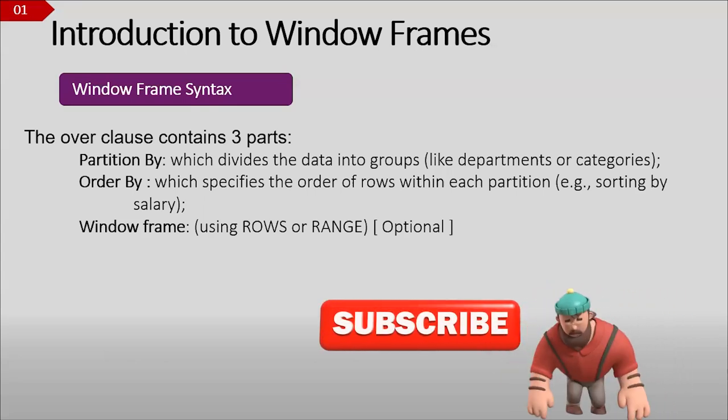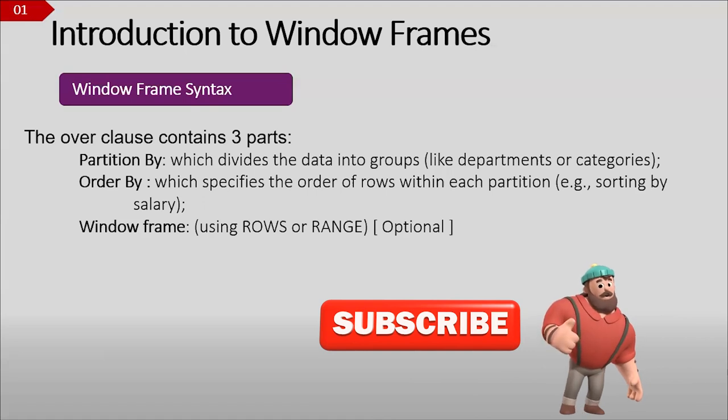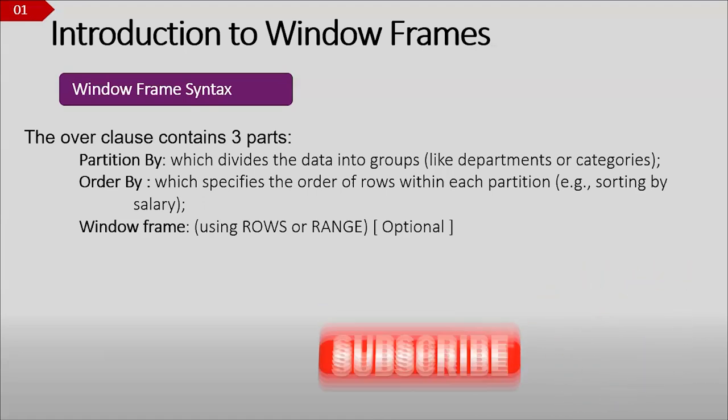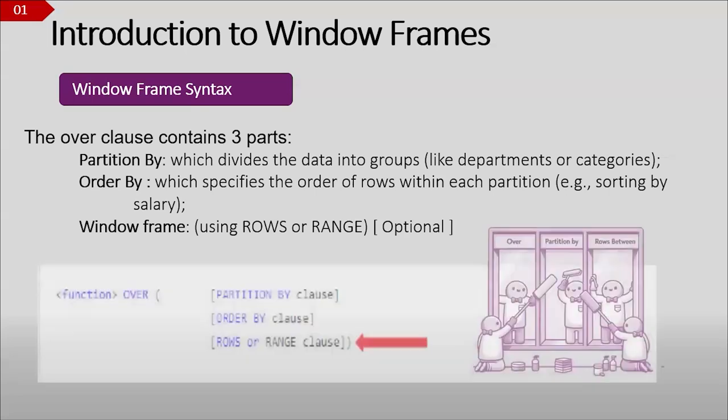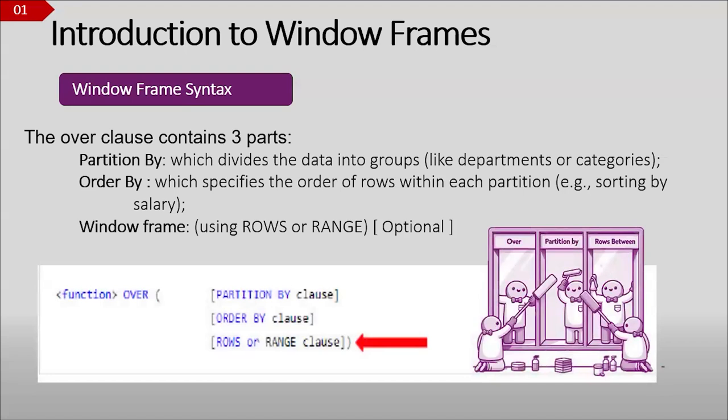The order by to calculate the cumulative sum, for example, or cumulative anything, or sorting the data, and it's essential if you use, for example, rank, because rank relies on the column in the order by. But window frames, you can also make optional, but you need to use it in a lot of business cases. And it's number 3, as you see in the syntax of the OVER clause. But if you don't have partition by, for example, it will be number 2.